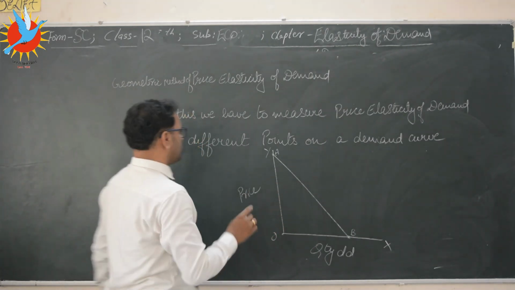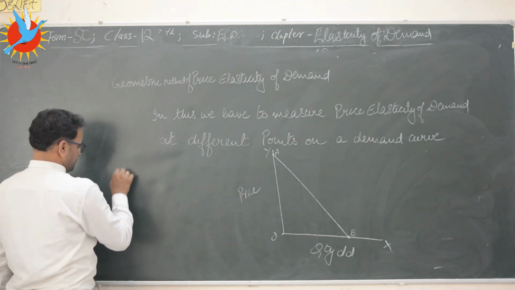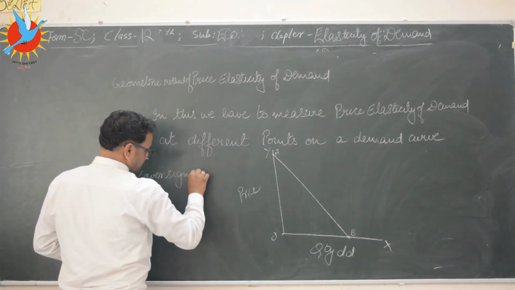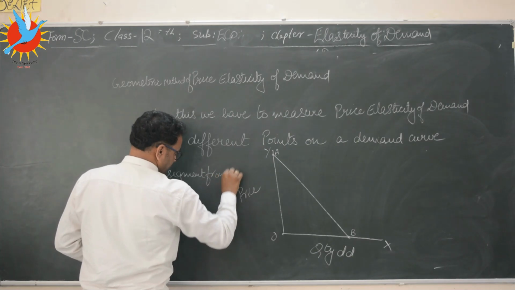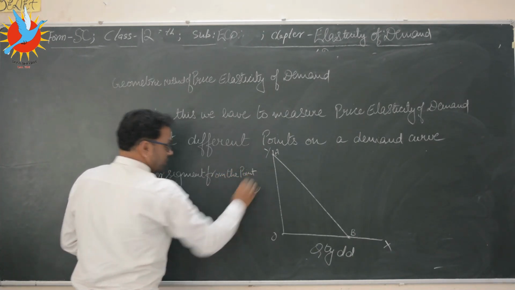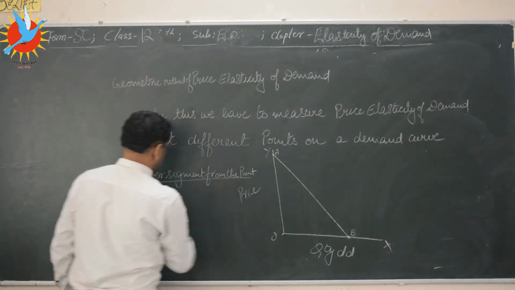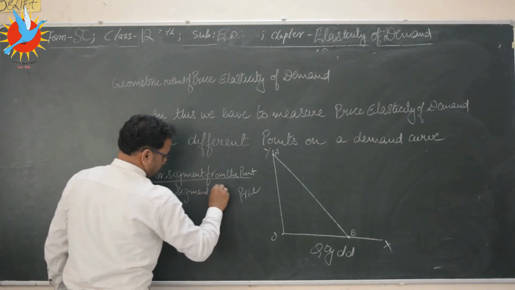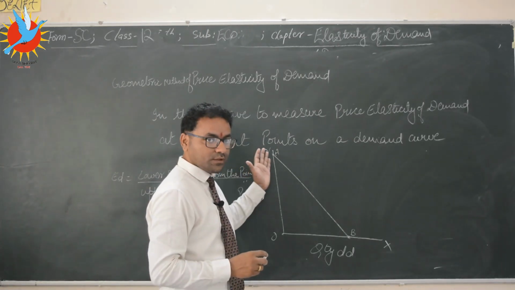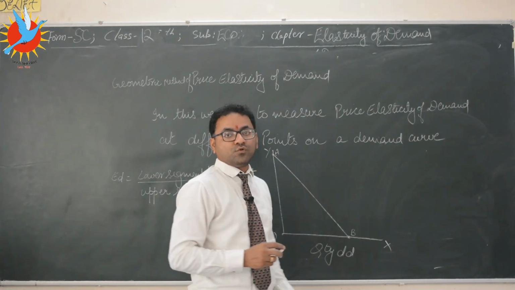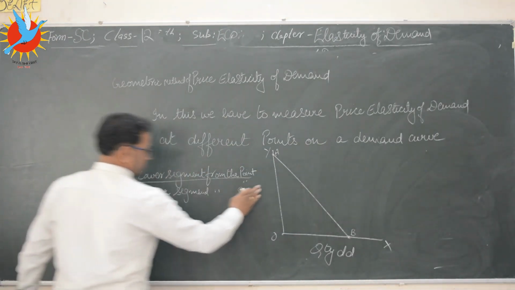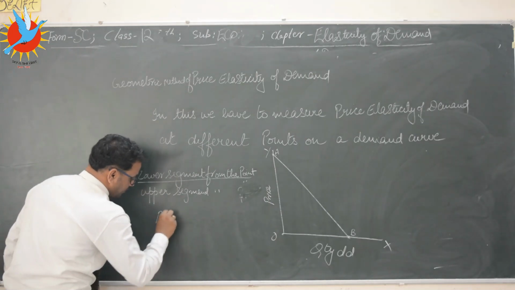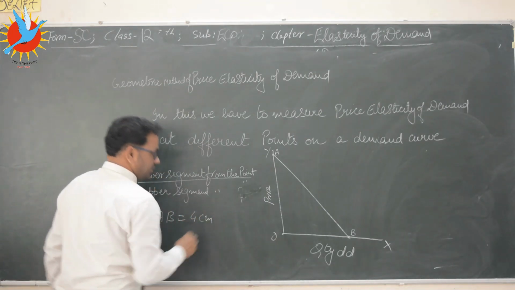So students, in your book it is given a simple formula, that is elasticity of demand is equal to lower segment from the point where we have to measure the elasticity upon upper segment from the point. Suppose this line is of 4 centimeters. Let us suppose that AB is equal to 4 centimeters.